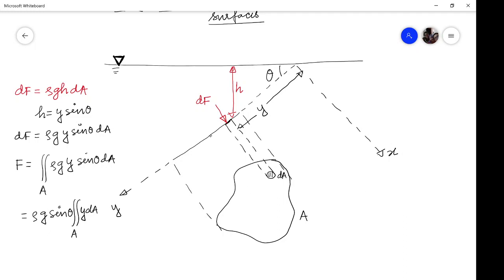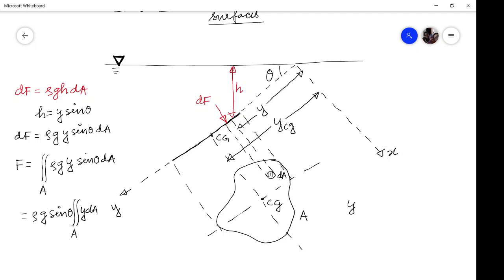So you know the first moment of area will give you the centroidal location. Let us say that this is the plate, and this is the centroid, the center of gravity of the plate. This center of gravity, let's say, is at y cg location from the x-axis.